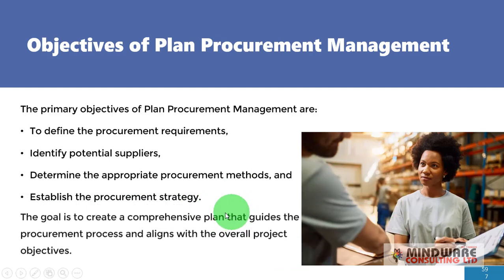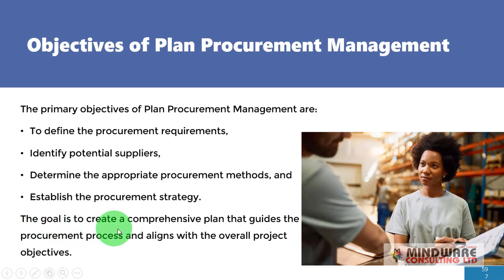The goal is to create a comprehensive plan that guides the procurement process and aligns with the overall project objectives. That's your main aim: to create a comprehensive plan that guides the procurement process throughout the project life cycle and ensures that this process aligns with the overall project objectives.